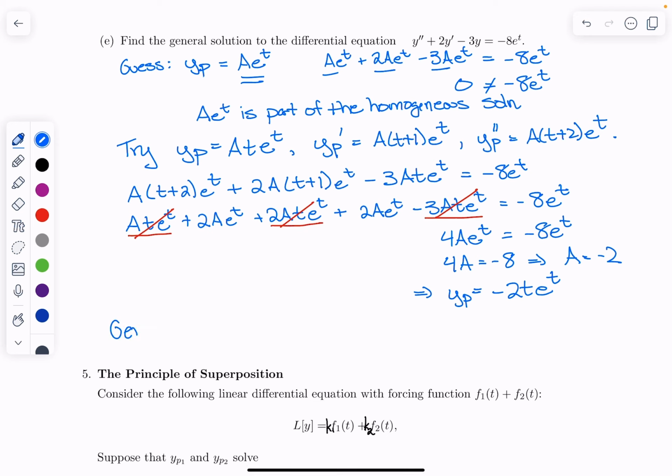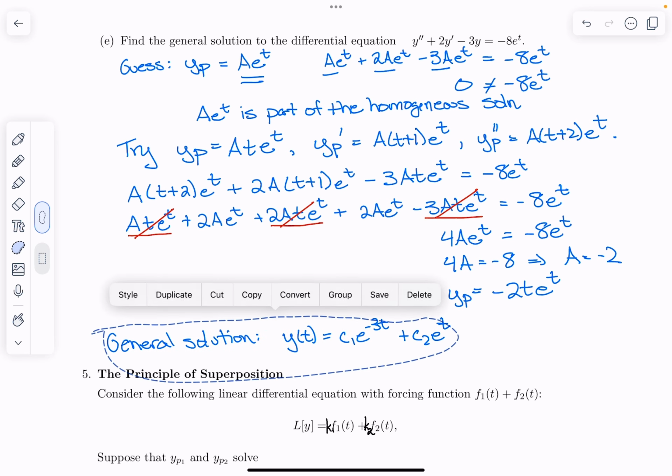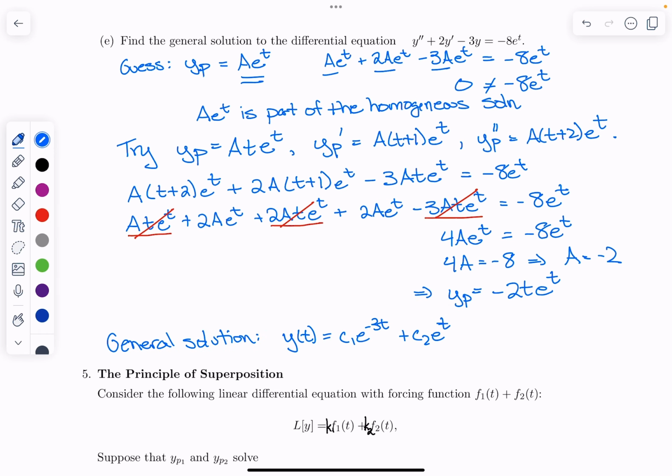So my general solution is once again my homogeneous solution, so that's c1 e to the minus 3t plus c2 e to the t. And then I'm going to add on my particular solution, which is minus 2t e to the t.